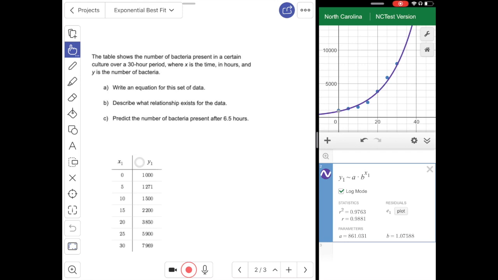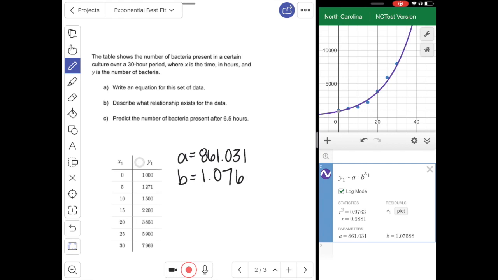So at this point, I can see that exponential model, and I should be able to write my A. I always like to use at least 3 decimal places to make sure it's an accurate prediction. I have 861.031, and my B value, my common ratio, I have 1.076.